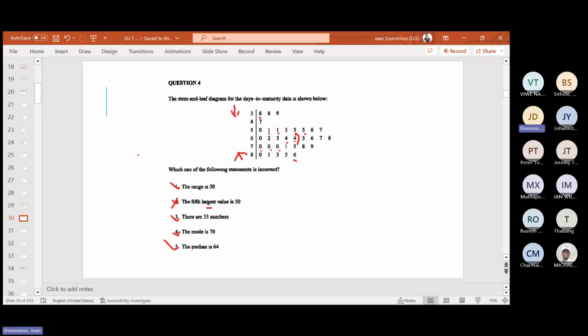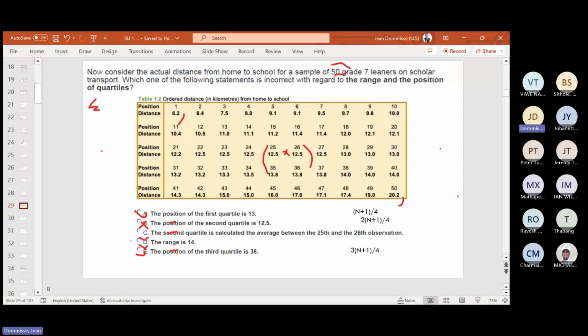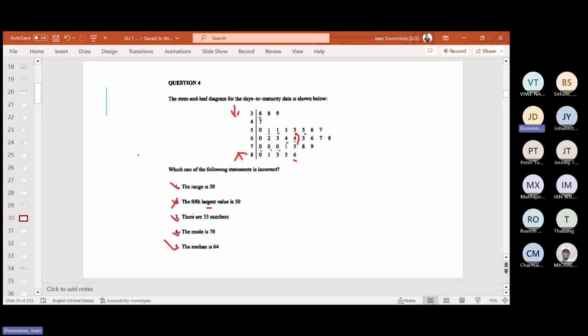Okay, so you didn't need to work out anything. In the previous question, you needed to work out a bit of information with the formulas. Here it was nearly simpler, to read off what is in the stem and leaf.